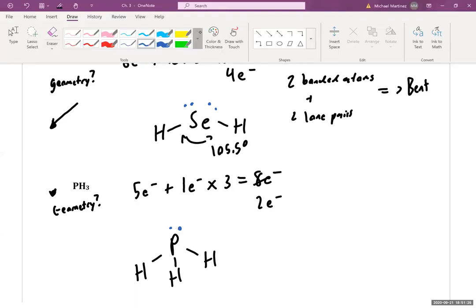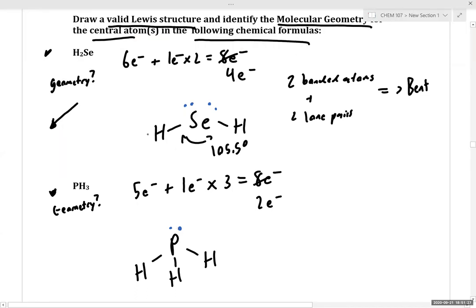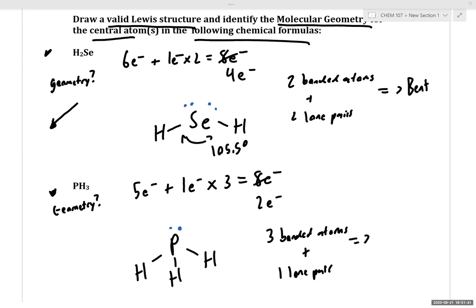Now, from that information, we can assign our geometry on phosphorus. So we have 3 bonded atoms, and we have 1 lone pair. So what geometry would we expect then from 3 bonded atoms plus 1 lone pair?